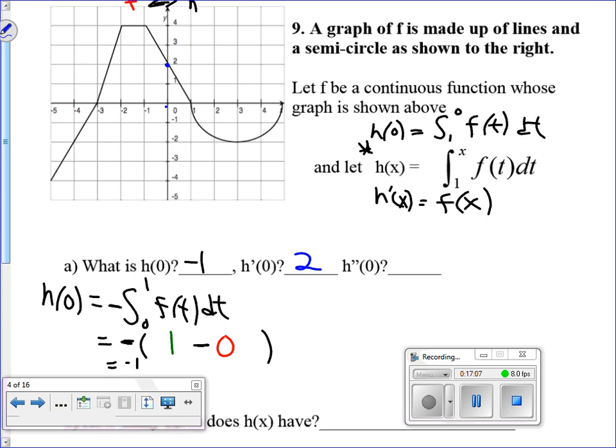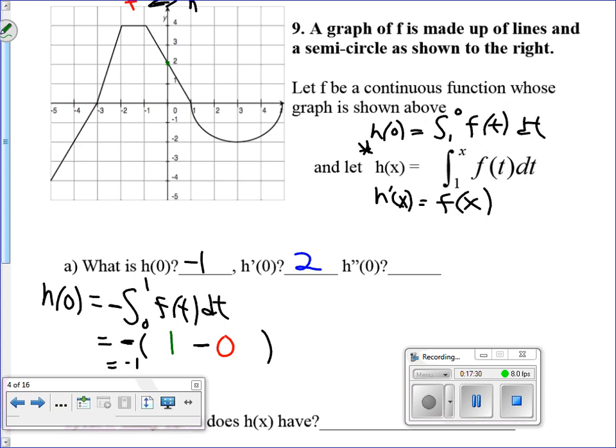The second derivative is the derivative of the first derivative. It's the slope. Remember, guys, whenever you think derivative, it's the same thing graphically as saying slope. So now I've got to figure out what's the slope of h prime when x is 0. Well, when x is 0, let me just erase that. Right here.